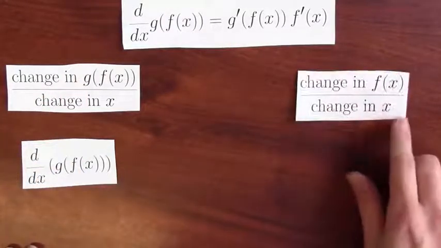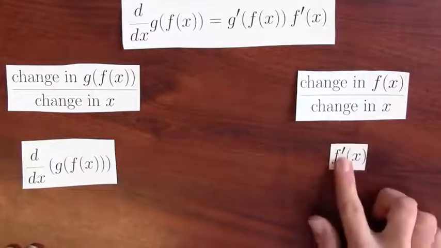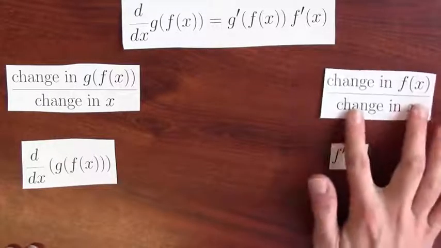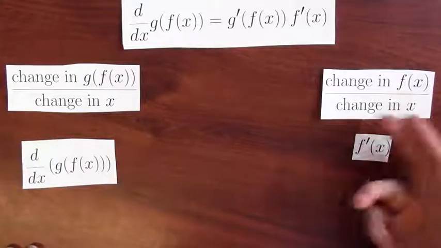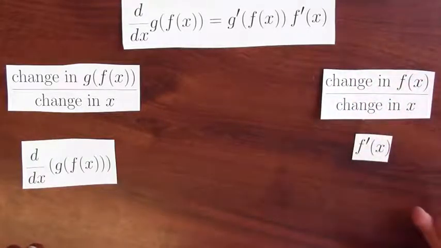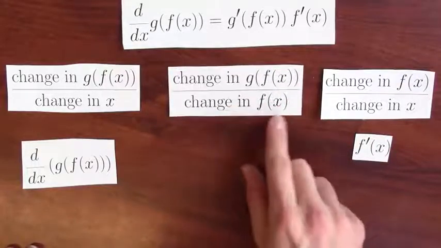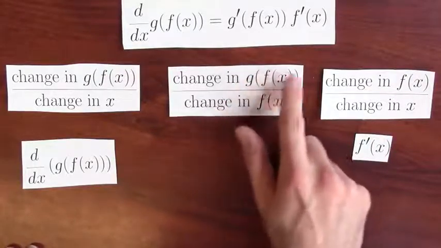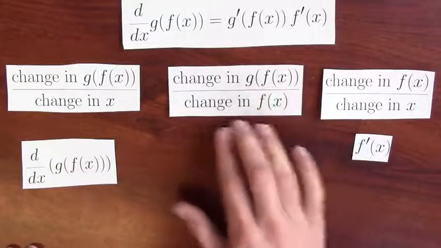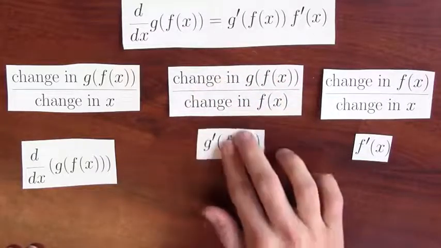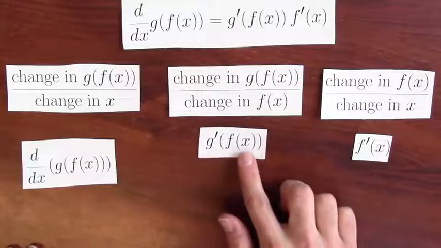Well, I know how changing x will change f of x. This is what the derivative of f is measuring. The derivative is the ratio of output change to input change. Now, in between, changing f of x will change g of f of x in some way. This ratio of changes is really the derivative of g at the point f of x.